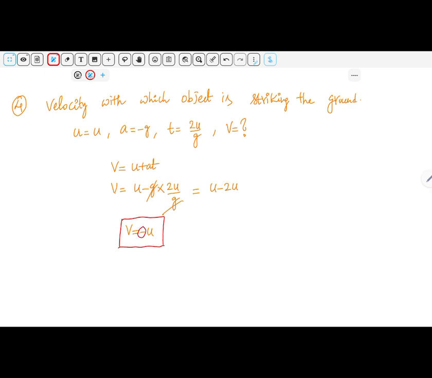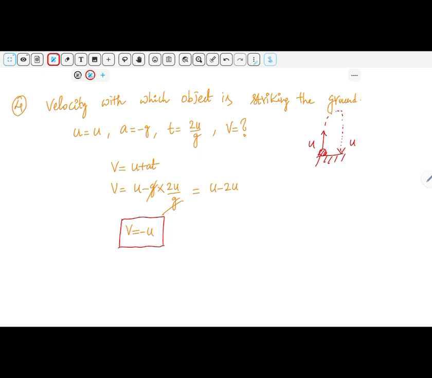Don't bother about the sign much. What we need to observe here, the beautiful thing, is that if the object is released from the ground with some initial velocity u, after reaching the maximum height, it returns and hits the ground with the same velocity.